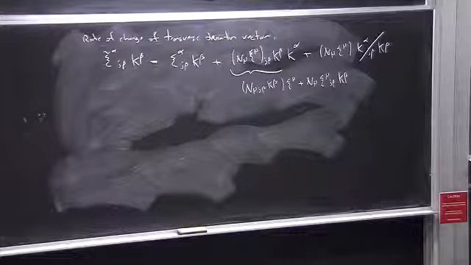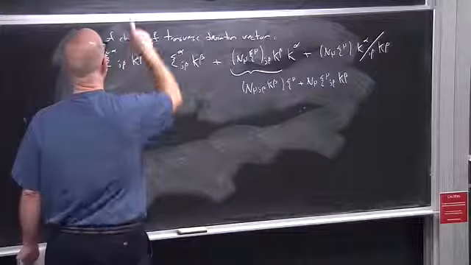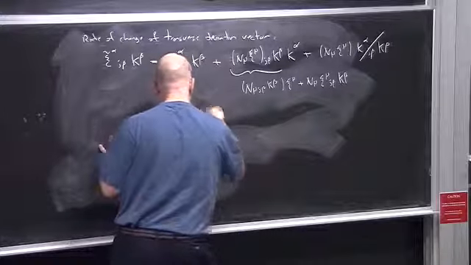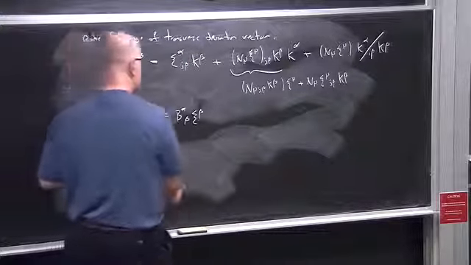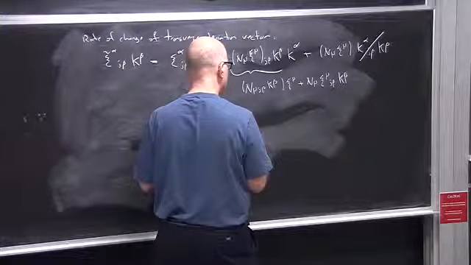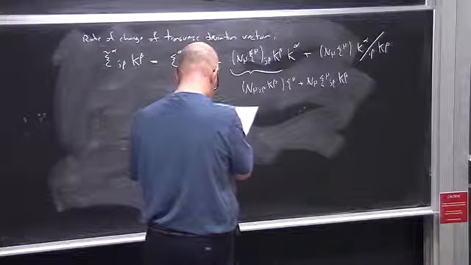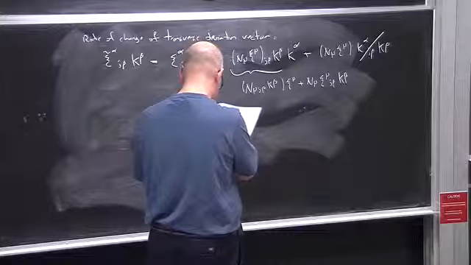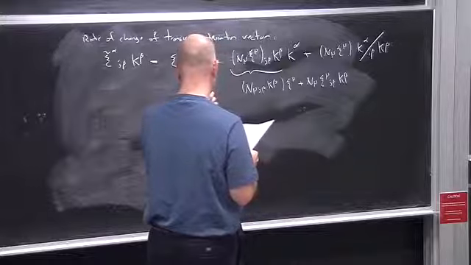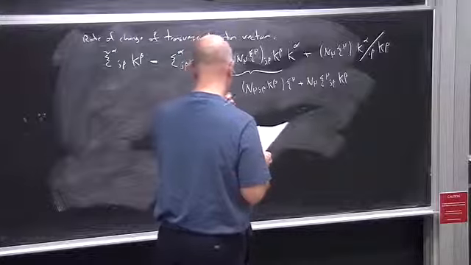So what do we have? This is b multiplying xi. And then what do we have? Let me back up for a sec. Oh, okay.